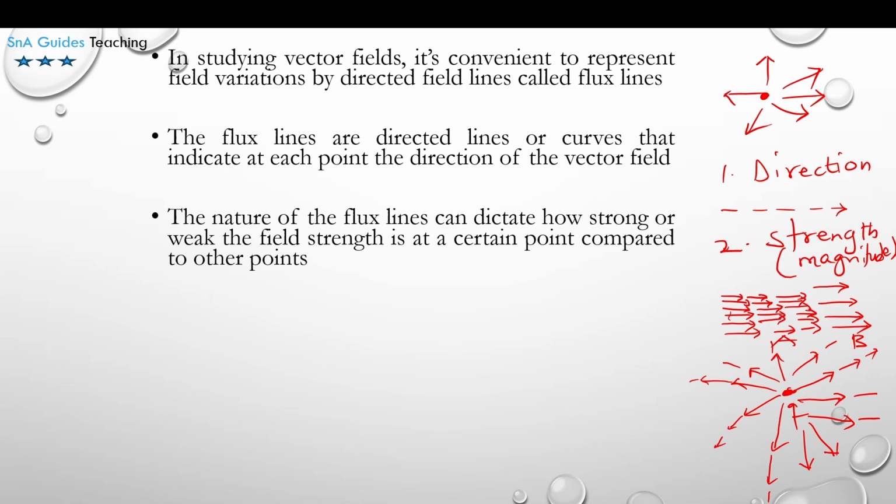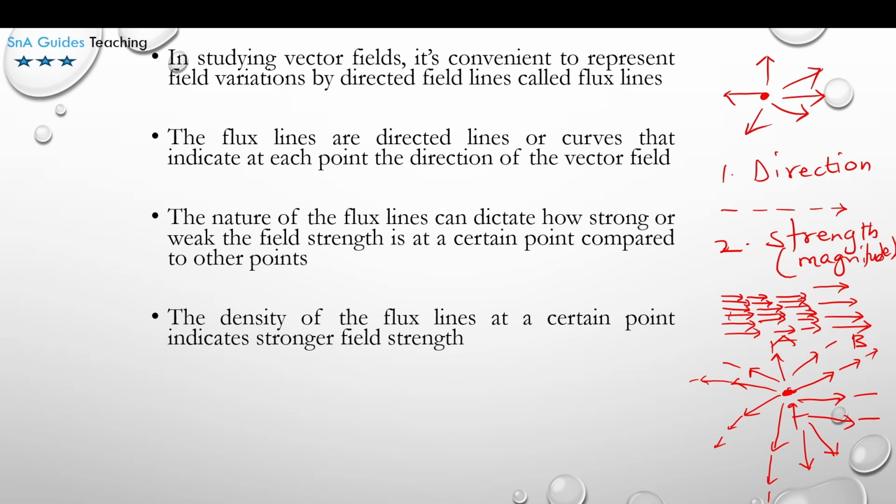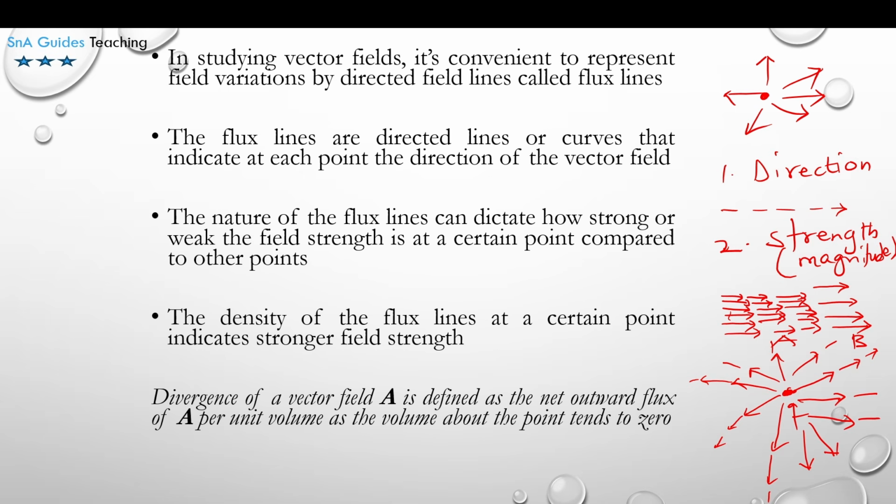Okay. The density of the flux lines at a certain point indicates stronger fields. So once again, for strong fields, the lines are packed together. So the density of the flux lines indicates how strong the field is.